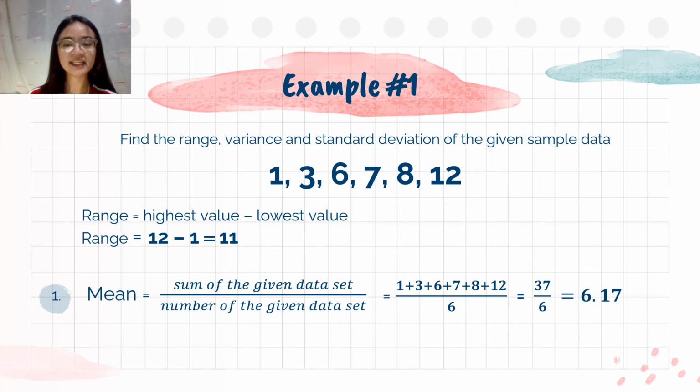So, 1 plus 3 plus 6 plus 7 plus 8 plus 12 over 6 is equal to 37 over 6, which is equal to 6.17.